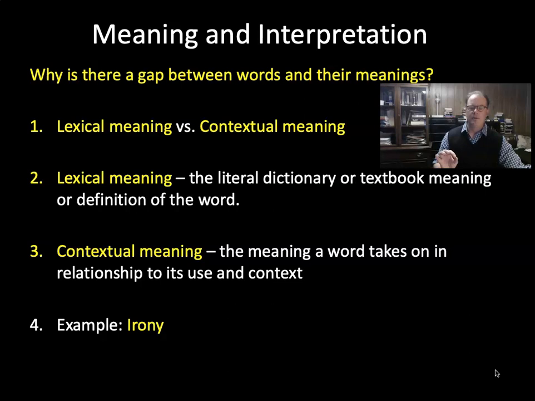We all know that. The contextual meaning of a word is understanding a word through its use and context, right? Which is to say, I've used a word a certain way that isn't the way that the dictionary would strictly use it, and therefore, by using it in a slightly different way, I've actually given it a slightly different meaning, right?